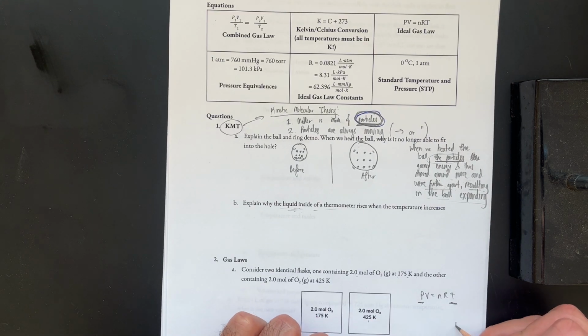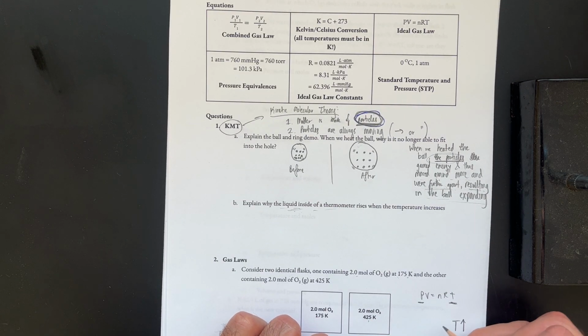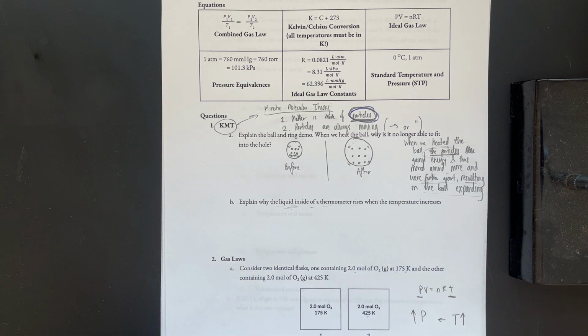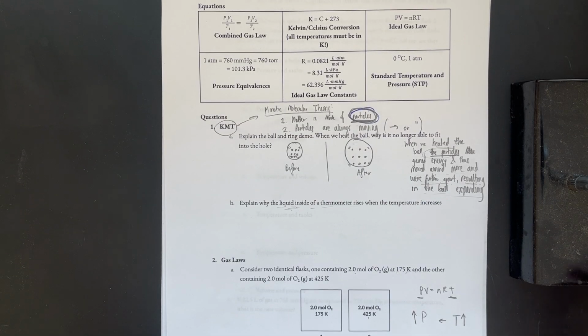So if temperature increases, then that's going to result in the pressure also increasing. We can also think back to our Can Crush as well as our little PhET simulation that we did. In both of those, we also saw, hey, you heat up your container, the pressure increases.